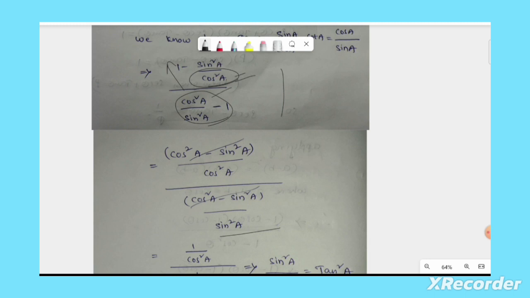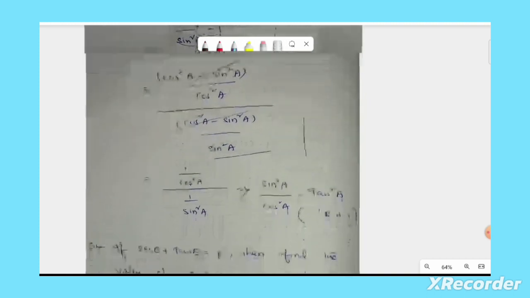So as we can see, these two are the same. Cos square a minus sin square a are the same, so these two can get cancelled. As a result, it will be 1 by cos square a all divided by 1 by sin square a.